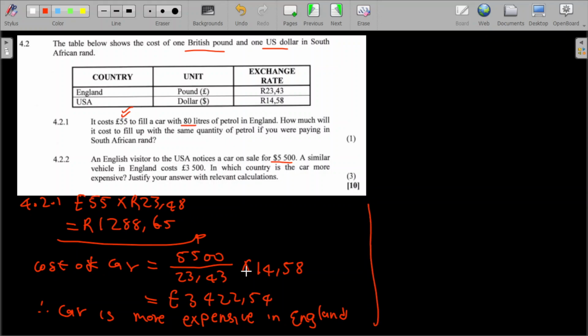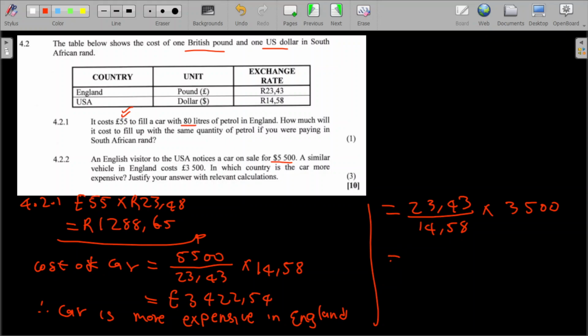This will give you the whole 3 marks, but if you didn't do it this way, the other way we can do it is the 23.43 exchange rate for pounds, divided by the 14.58 for US dollars, and then times the cost in England, which is 3,500 pounds.